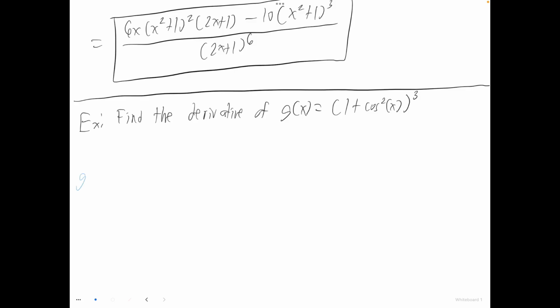By the chain rule, we're going to have the outer function's derivative, which is the cube function's derivative. So we're going to have 3 times the inner function, which is 1 plus cosine squared of x, squared. So this is our f prime of g of x, g of x having a different meaning here, but that's the derivative of the outer function with the inner function plugged in, times the derivative of the inner function.